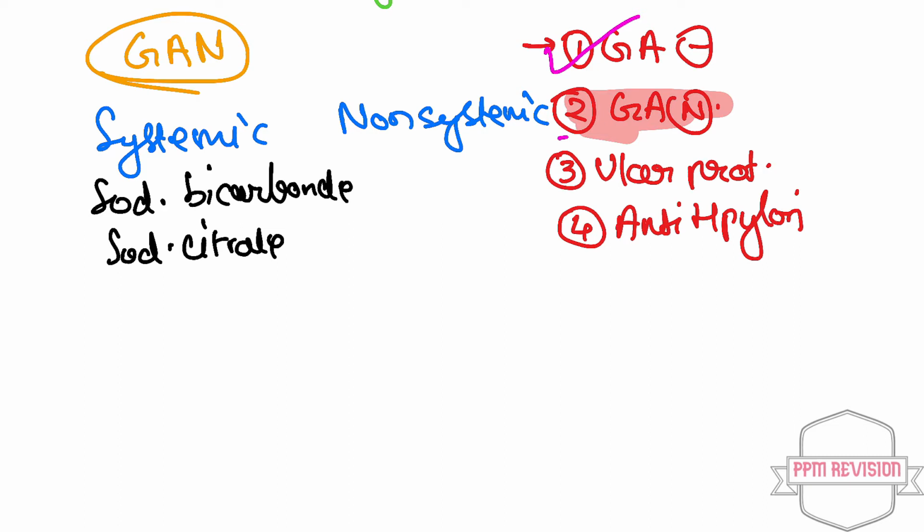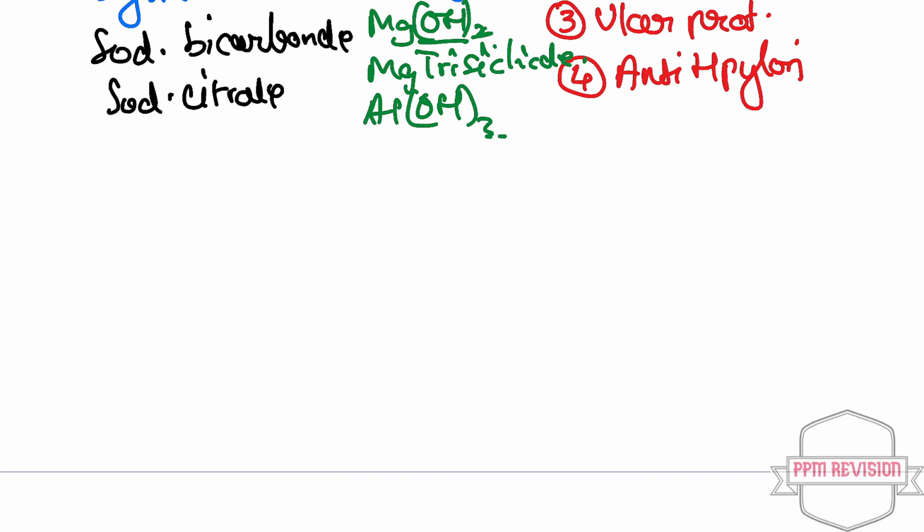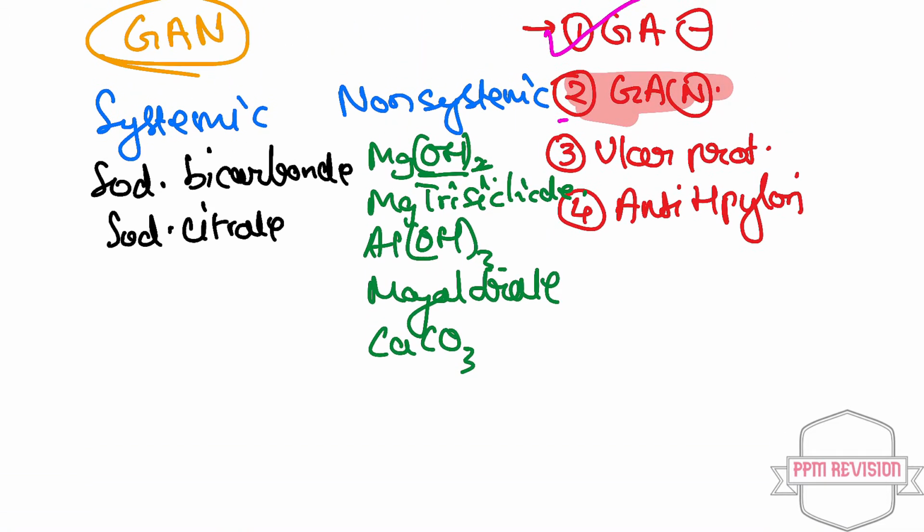Under the non-systemic there's magnesium hydroxide, and then there's magnesium trisilicate, then aluminium hydroxide, I guess it's valency 3, and Mg(OH)2, I guess. Okay, then we have magaldrate, and then there's calcium carbonate. Okay, so these are the non-systemic.